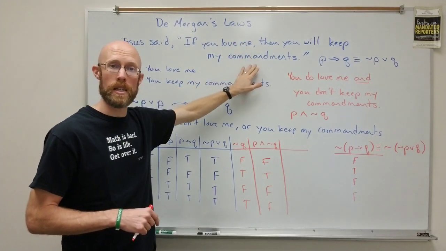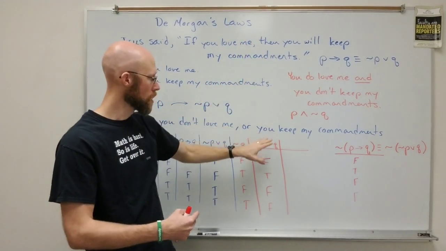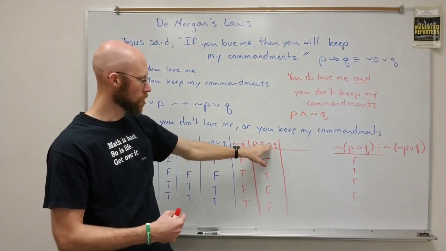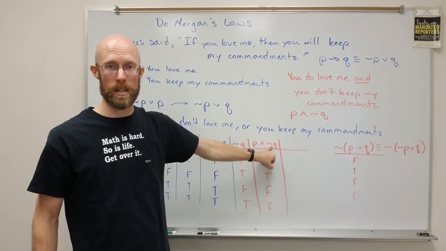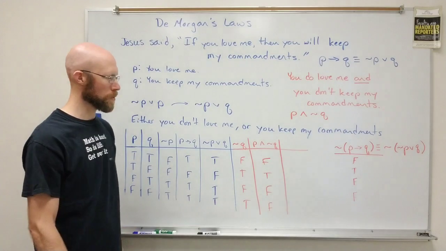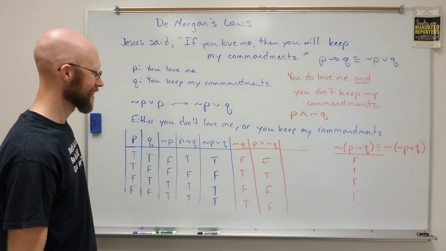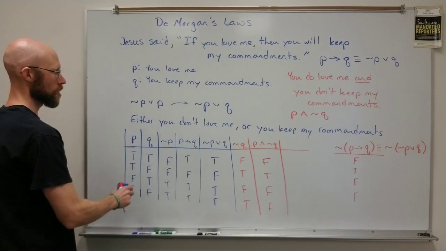So the negation of the conditional becomes a conjunction of the antecedent and the negation of the consequent. Well, there's a lot of words. I'm not even sure I kept them all straight. I think I did. I think that's right. So the negation is a conjunction.